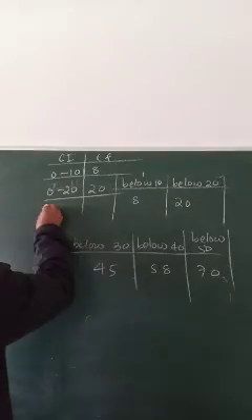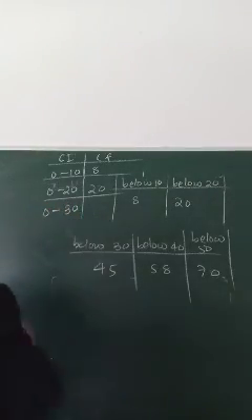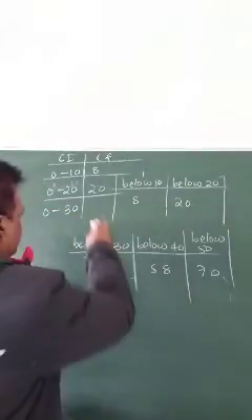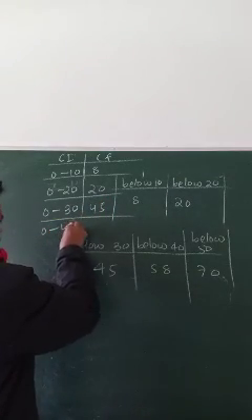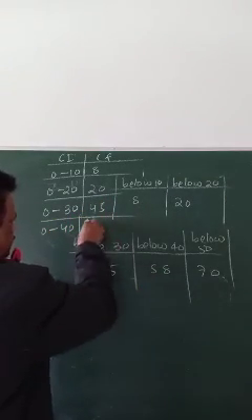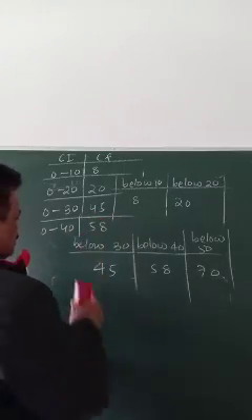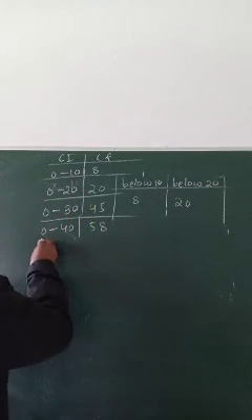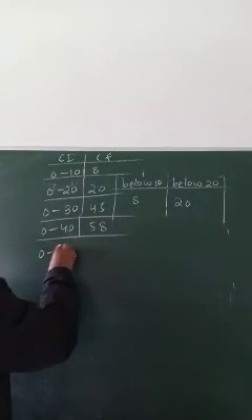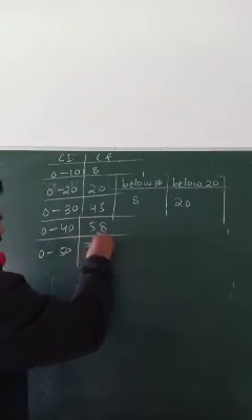Below 30 means 0 to 30, which is 45. 0 to 40 is 58. 0 to 50 is 70.